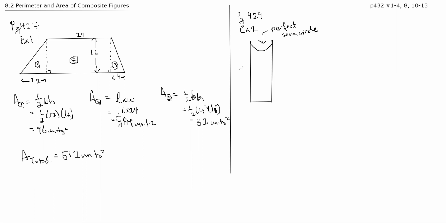The height, or rather the long length of this funky shape is 5.2, and the width is 2.1. Part A. Go about explaining how you would actually calculate the area of this funky shape.